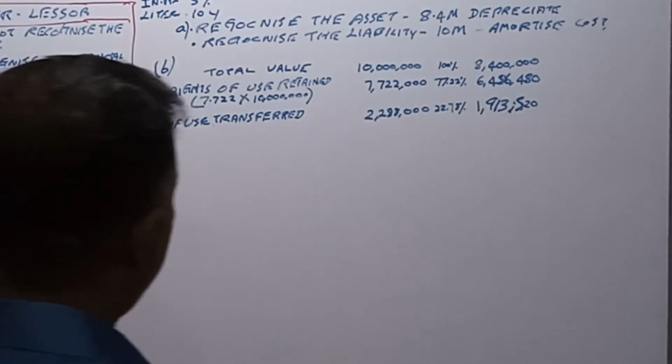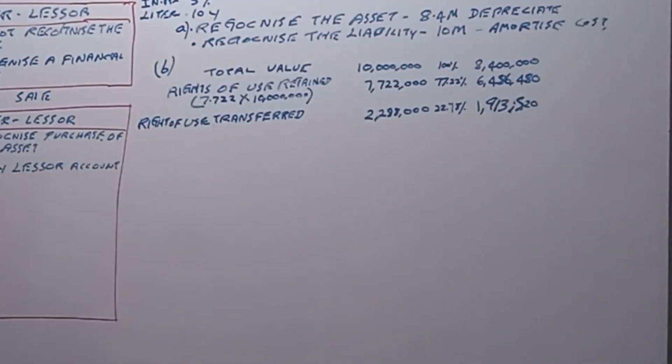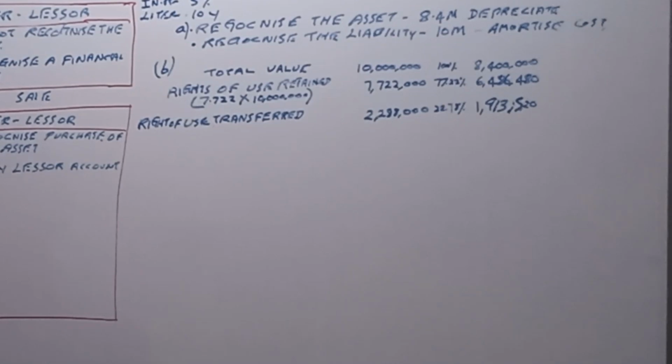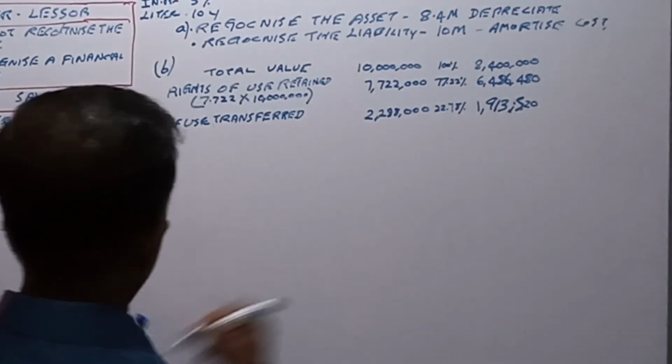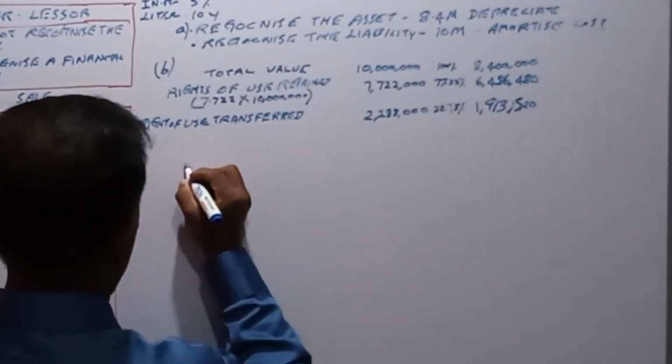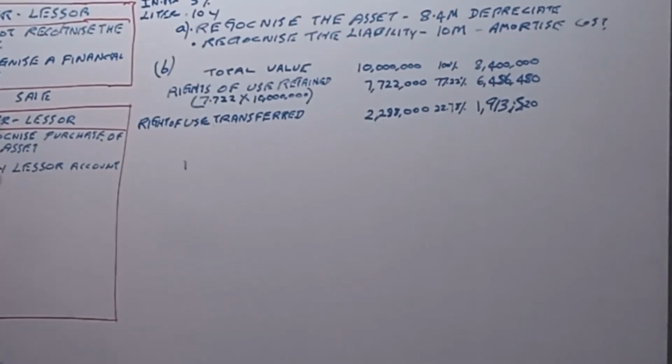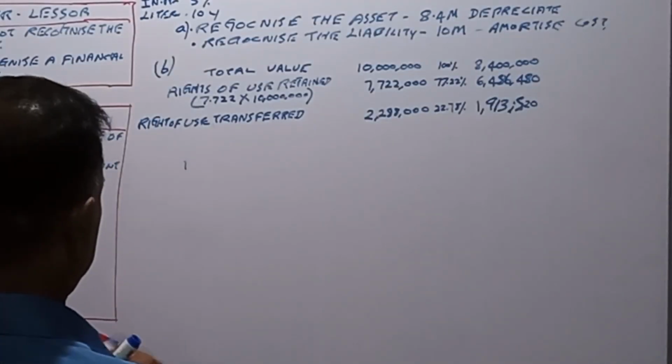Now we have to pass the entries. First of all, we have to record the proceeds. What is the proceeds?